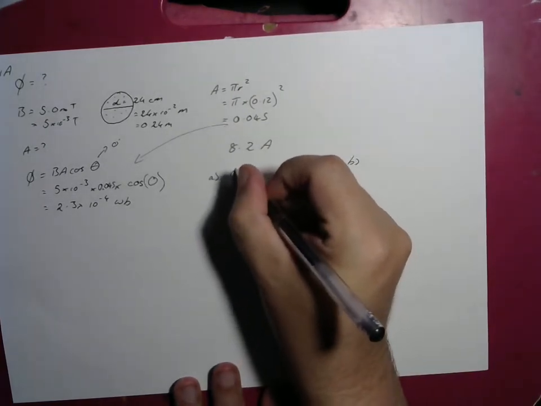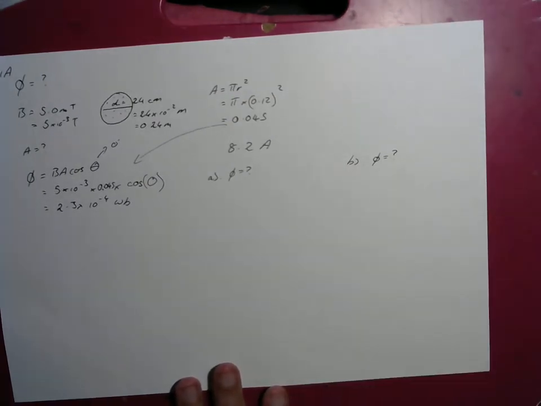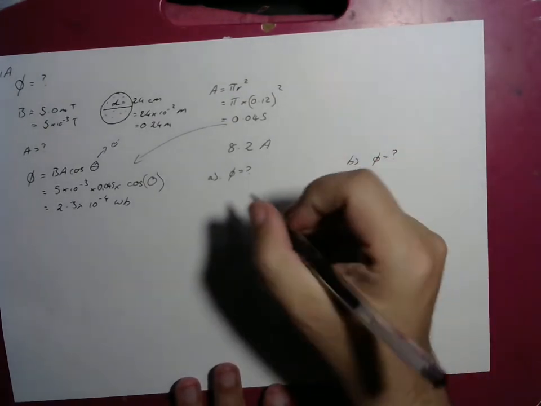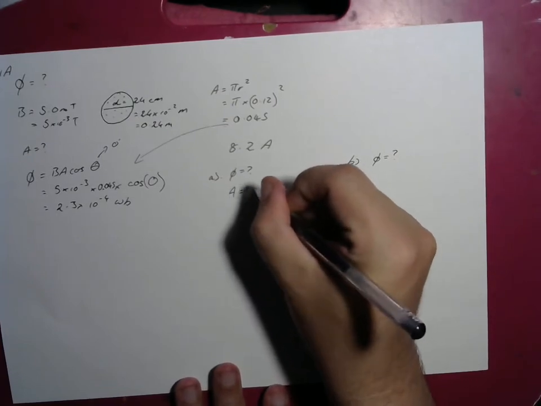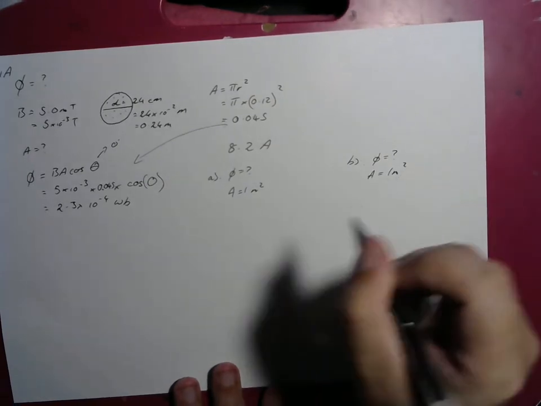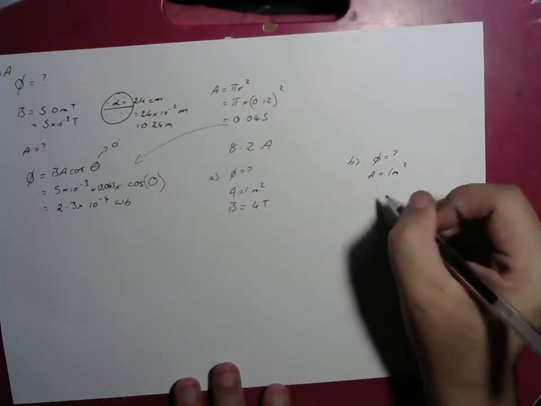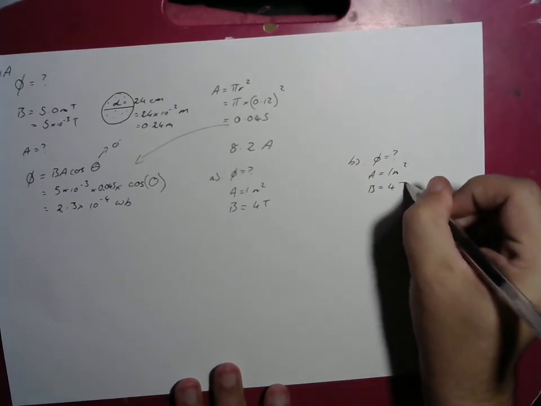So flux is equal to unknown. Now, we're told that the area is 1 meter squared. That's nice, we won't have to do much with that. We're told that the magnetic field strength is equal to 4 Tesla.